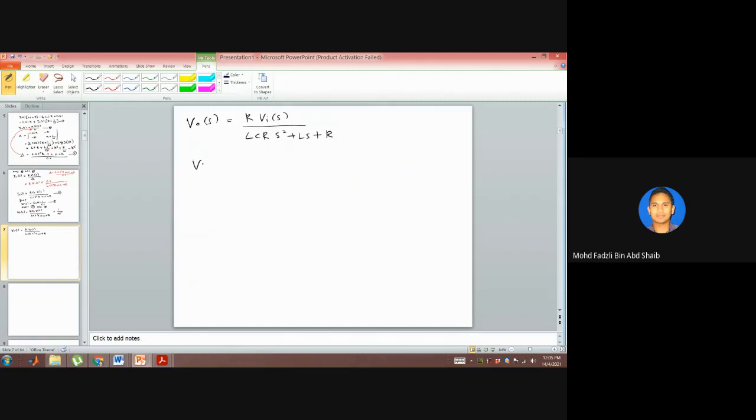So now V out, output over input, V out over Vi equals R over LCR s squared plus Ls plus R. Okay, this is the answer.